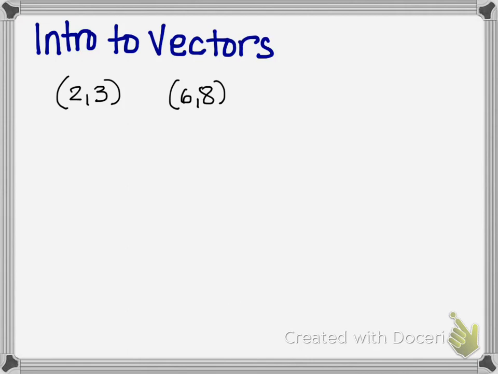A vector is a directed line segment. That's the way it's described, and it just means that I want to have a way of labeling these different segments that have both a direction as well as a length.